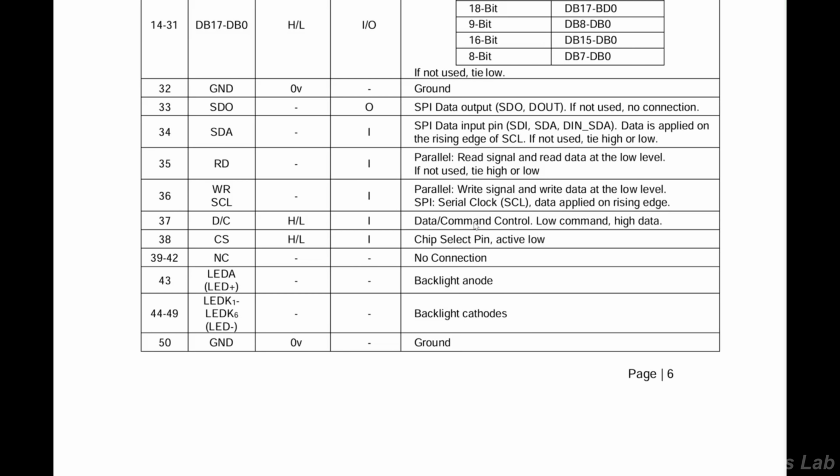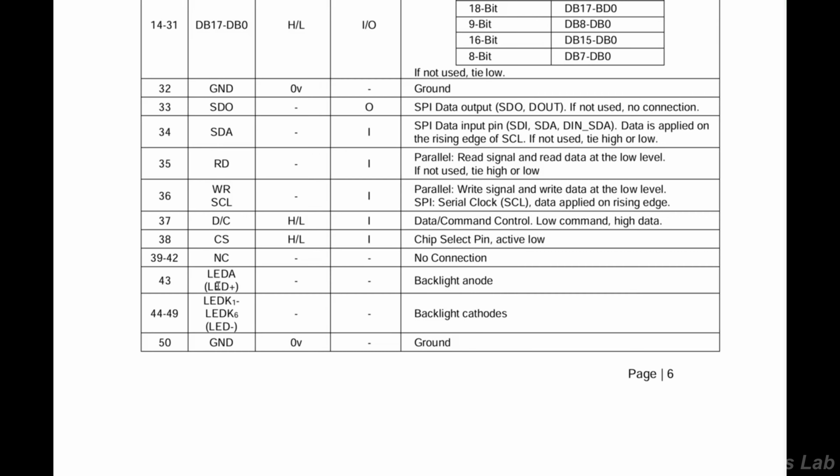So if you want to send data to it, then you pull this pin high, and then you write to the data bus, and that signals that it's data. And if you want to send it a command, the same thing, you just pull it low, write to the data bus. All right. And this is the chip select, just like any memory or I/O device on the system bus. It has to get selected first, and when it's not selected, then its data bits are in the high impedance state so that it doesn't have a bus contention.